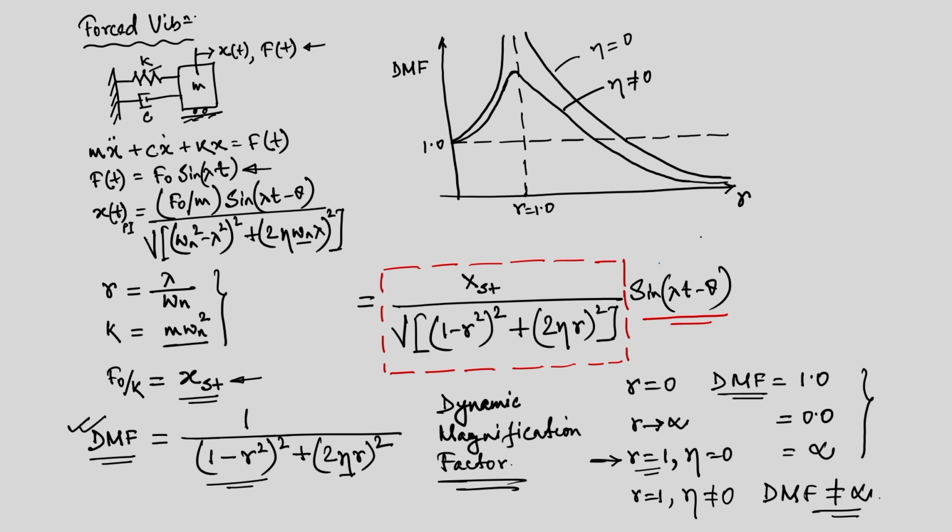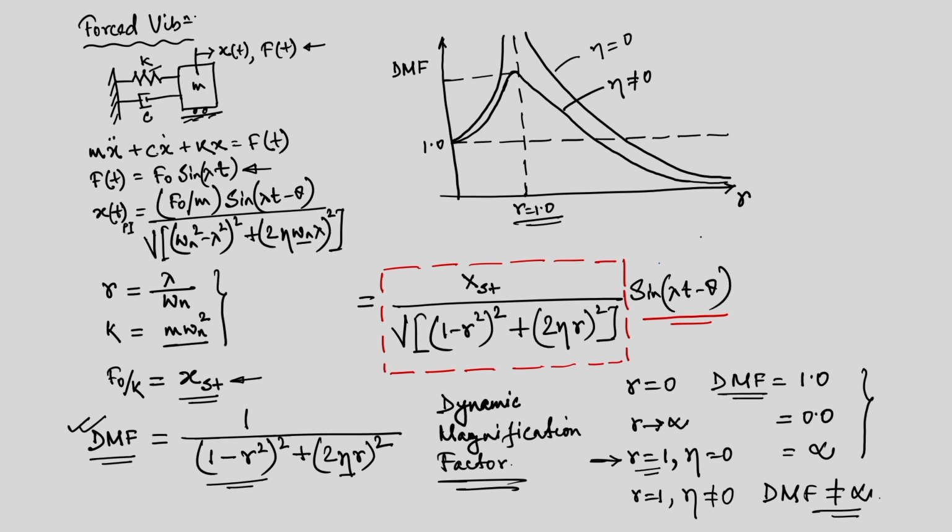Right. Now, what we can see, it has a maximum value and this maxima occurs in and around R equal to 1. It is not exactly R equal to 1, we will derive that in a minute, but when R is equal to 1, that is what we call resonance.